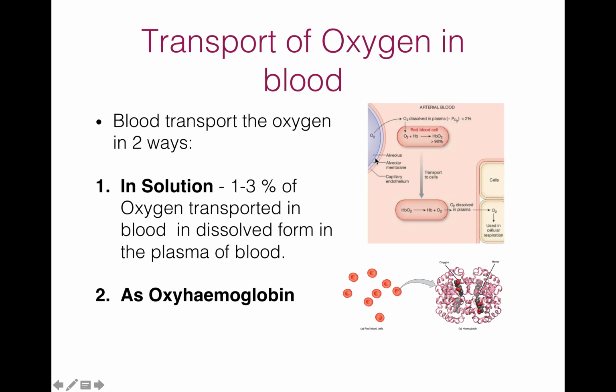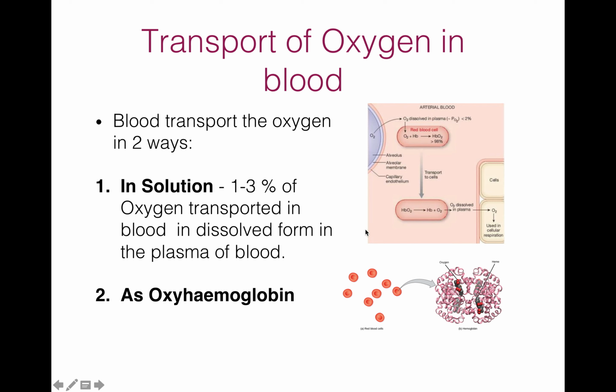This is the alveolar membrane, and this is a capillary endothelium. So oxygen dissolved in plasma is about 1 to 3%. And as oxyhemoglobin, blood oxygen gets combined with hemoglobin and forms HbO2. It is about 97 to 99%, and it is transported to the cells.